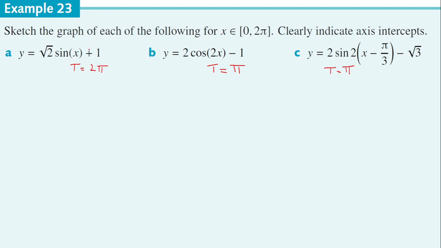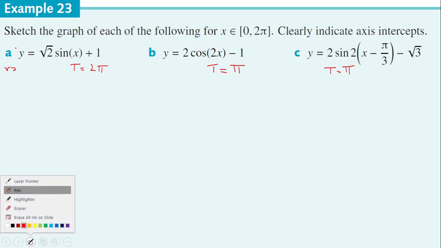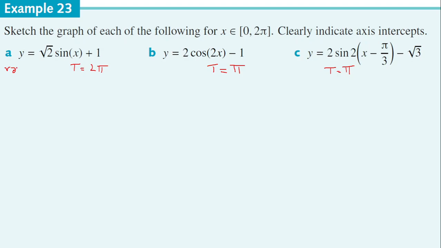So the range here is going to be 1 plus root 2 and 1 minus root 2, which gives you your minimum and maximum as well. So your range here is from 1 minus root 2, which is negative, to 1 plus root 2.